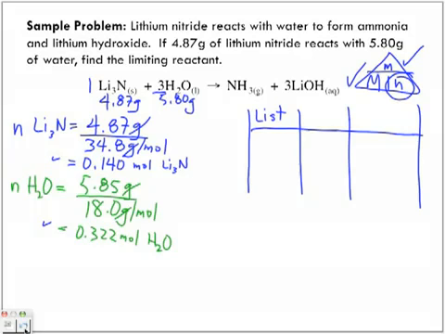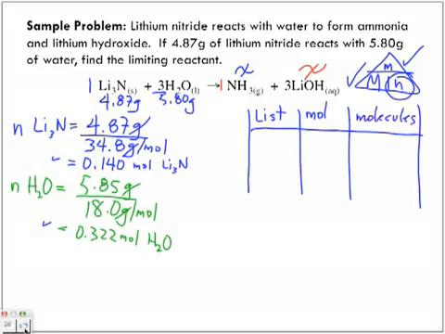The unknown is you want to figure out how much product you're going to make. So your unknown is either that or that. The one I usually like to pick is the one that has 1 in front of it. Remember we have mole, and then we have molecules.